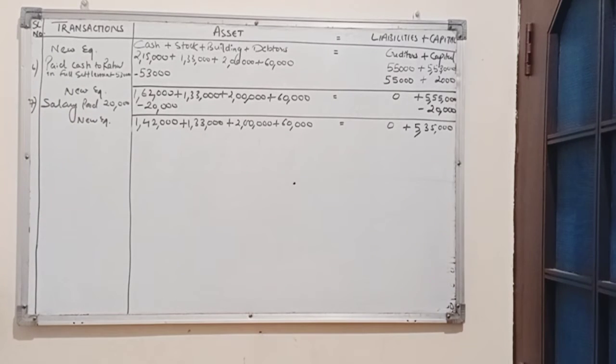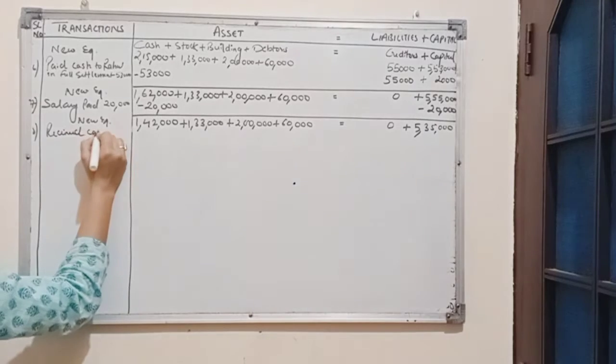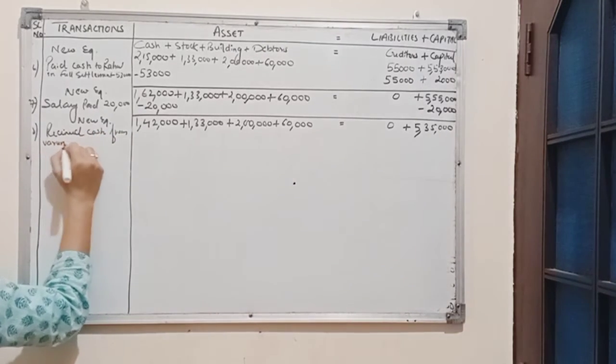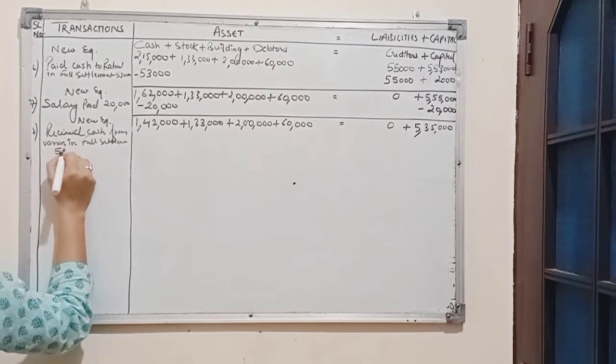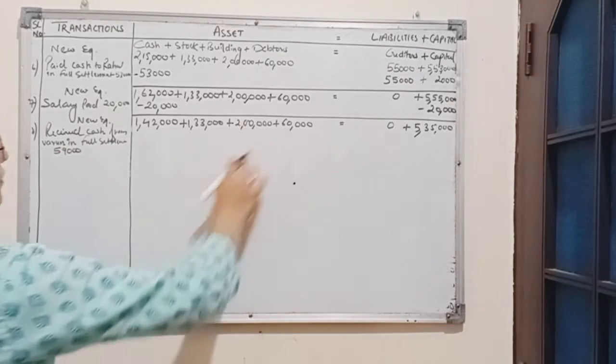Now, next transaction is received cash from Varun in full settlement amounting to rupees 59,000. So as we know, Varun was our debtor.